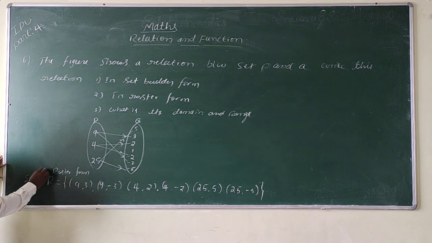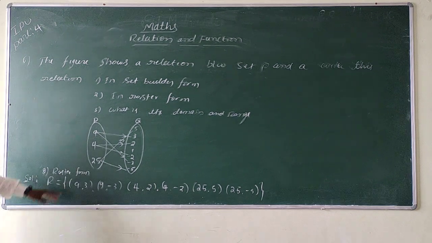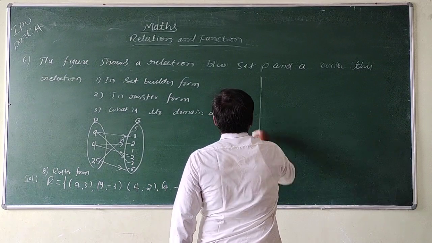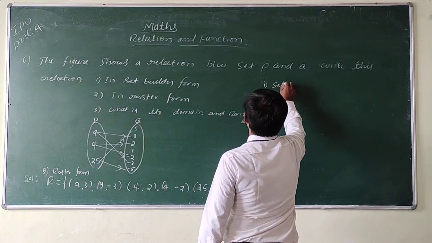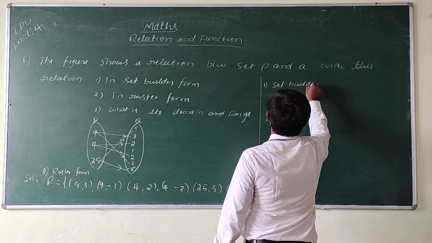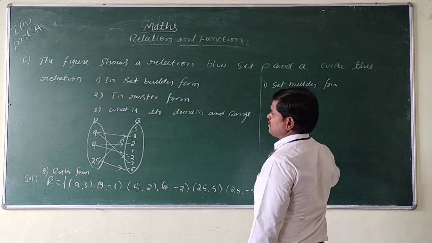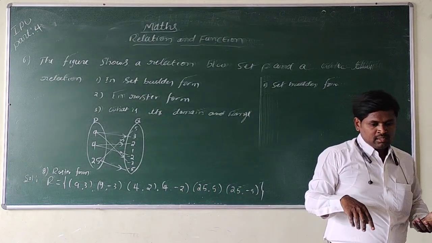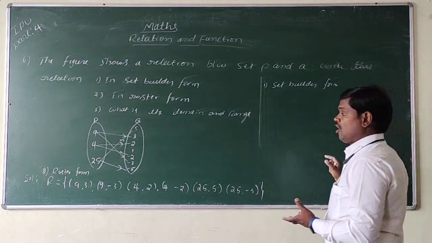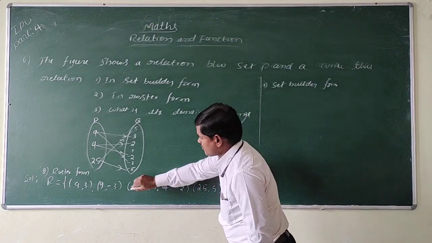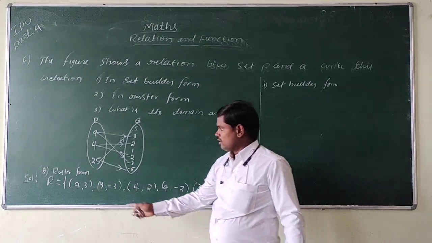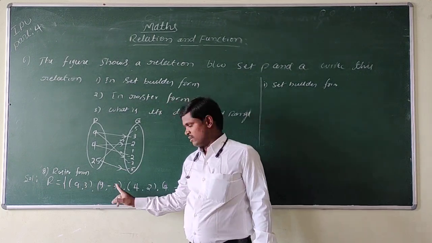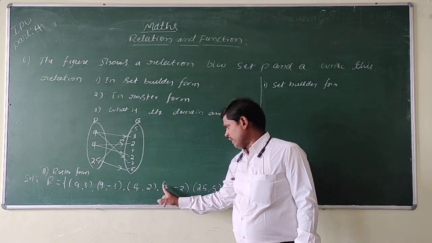So the second part is over. Now the set builder form. In set builder form, we write the common property satisfied by all the elements. Observe here, x is the square of y.